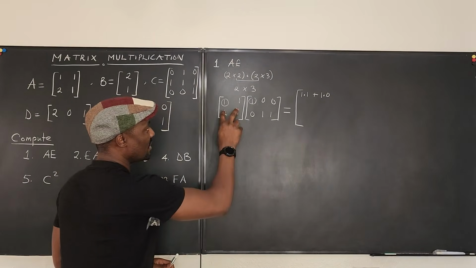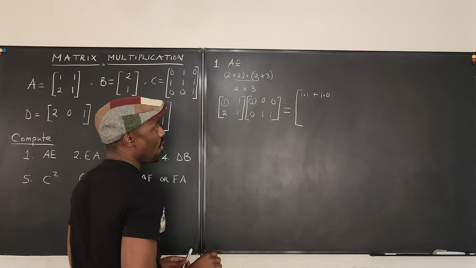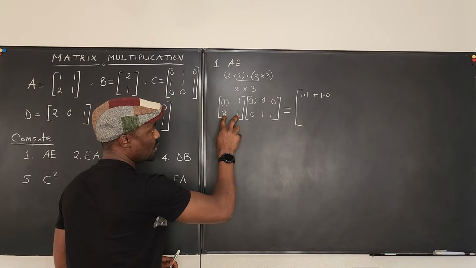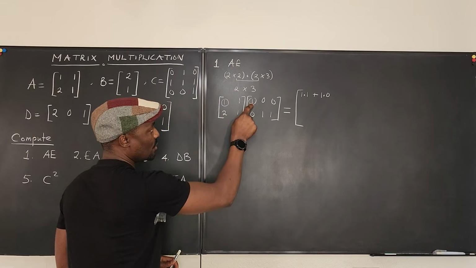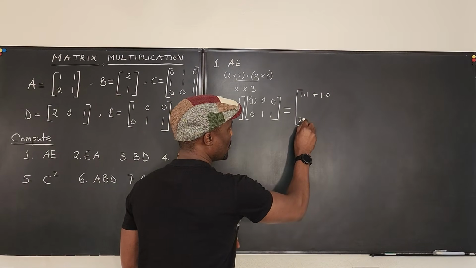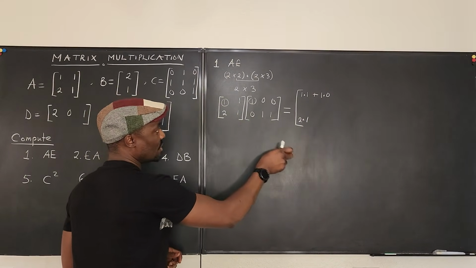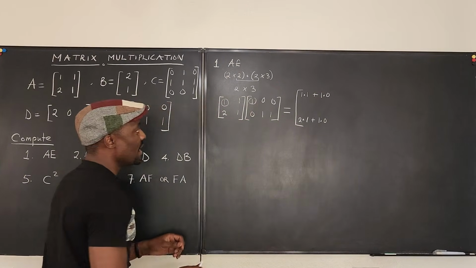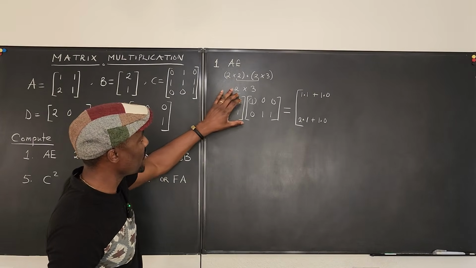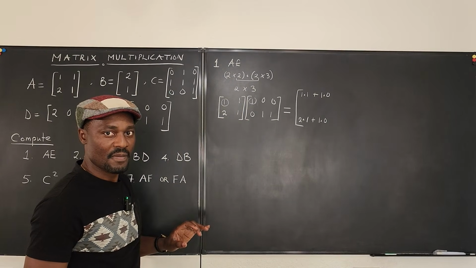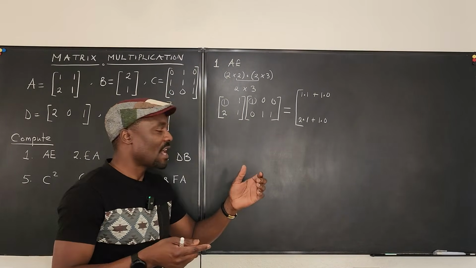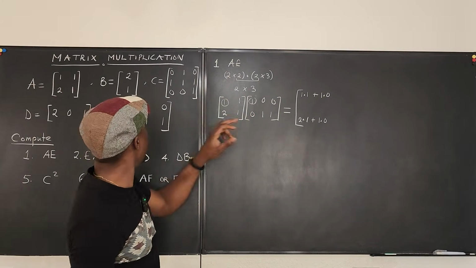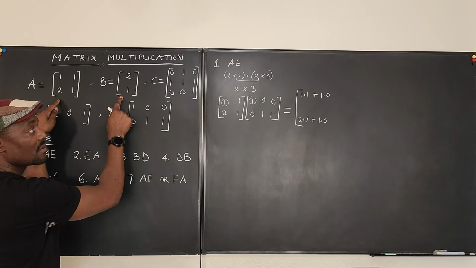Okay, we're done with this one. Now, if we want to go down here, we do the same multiplication: 2 times 1, plus 1 times 0. So now this is the result of multiplying this matrix by the very first column. You can imagine in your mind that you've split this matrix into 3 different columns and you're multiplying this by the first column as if you're doing this multiplication, AB.